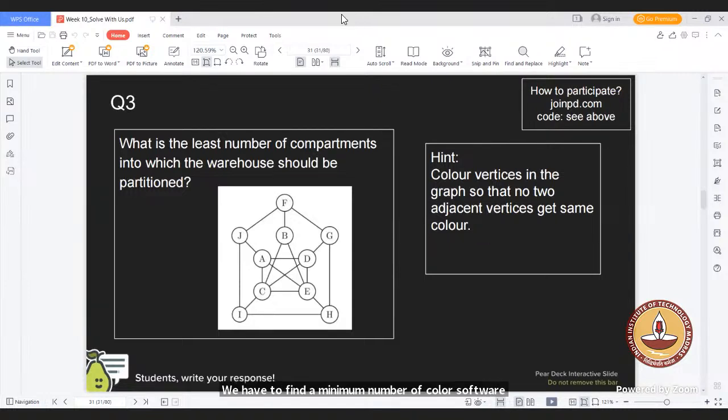So everyone got this question? Yes, sir. To put the answer, suppose 2 colors or 3 colors or 5 colors are required, just write 2, 3 or 5 in the chat box. Okay.